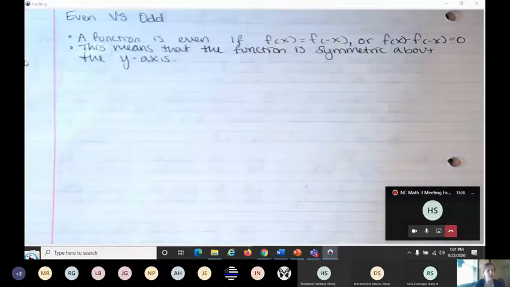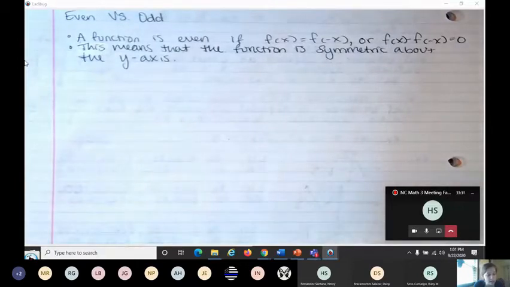So we should be able to flip it across the y-axis, and if it looks the same, it's even.